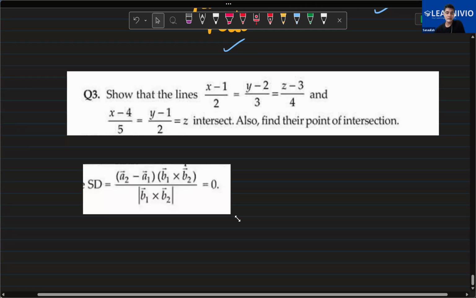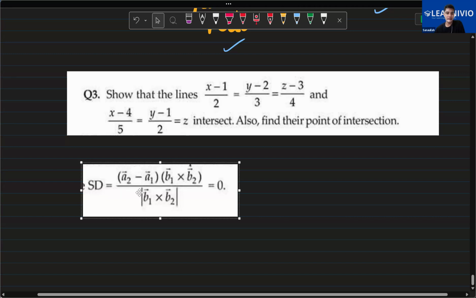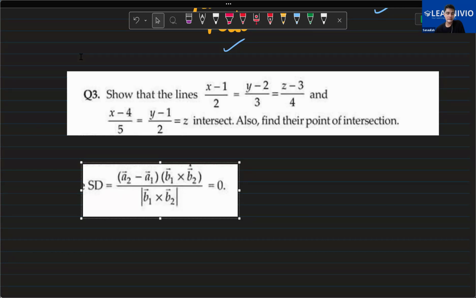And you know how to find the shortest distance between two lines, this is a formula that I gave you in the previous class. So just plug in all the values and you can get 0.